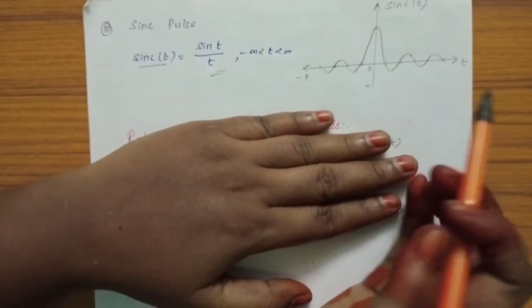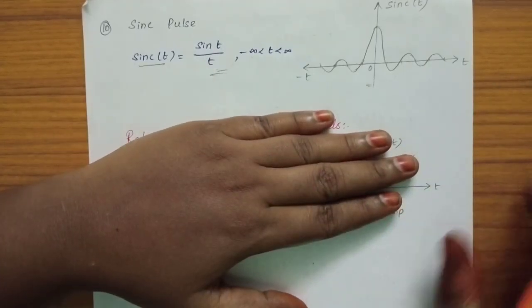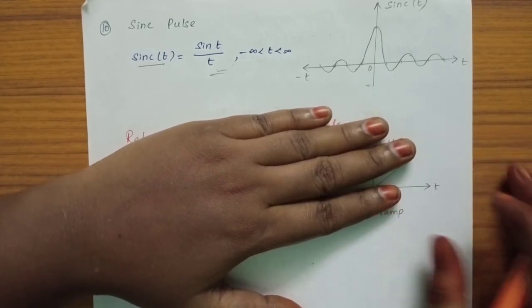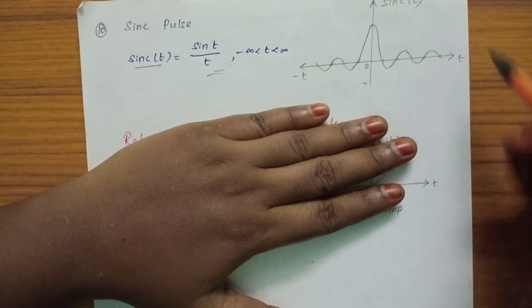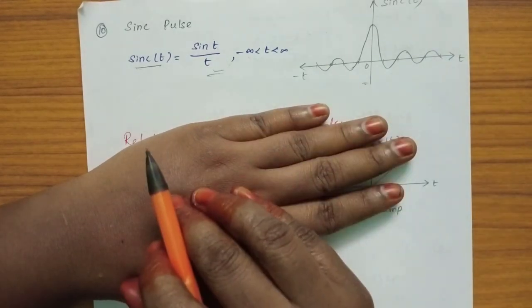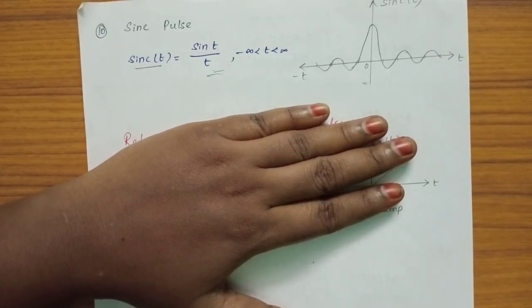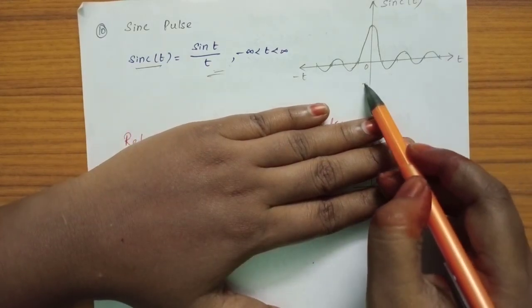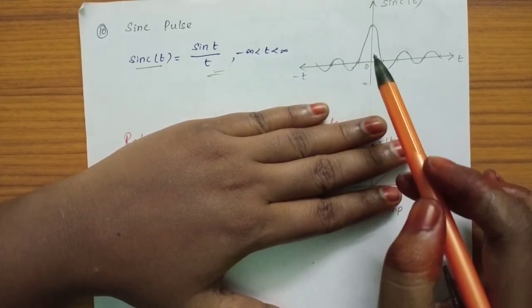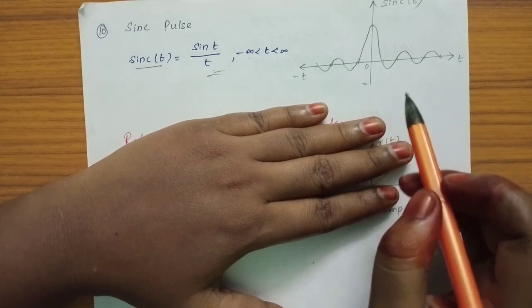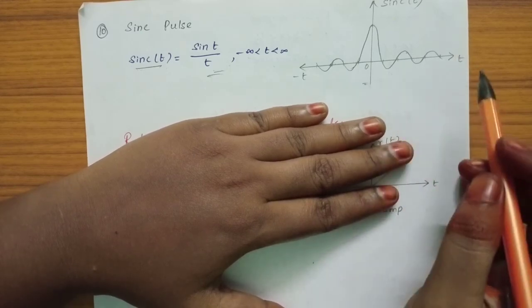Okay, so these are all the basic or elementary or standard signals. Okay, so in the exam if they ask to write the mathematical and graphical representation of elementary signals, we should write all the signals with neat graphical representation and mathematical equation. If they mention in the question that we should write it in discrete form, then we should write it in the discrete form.